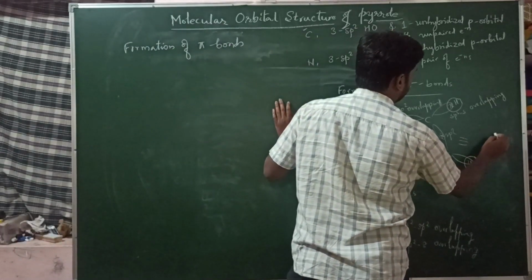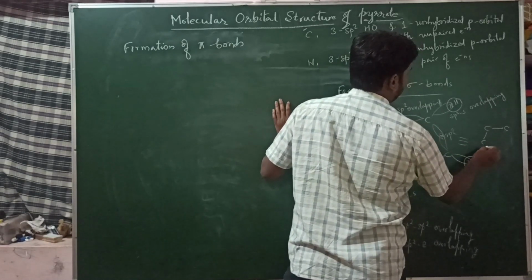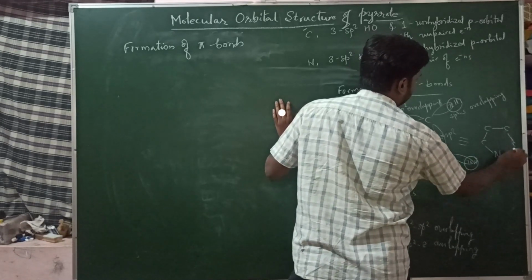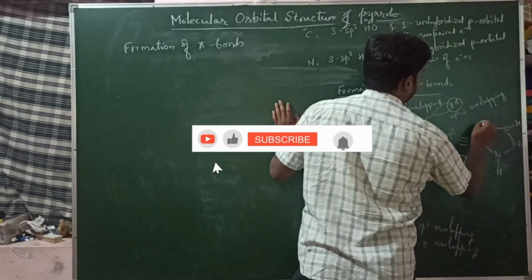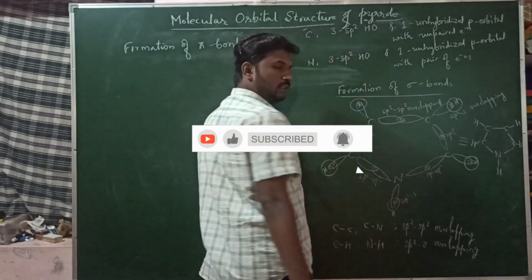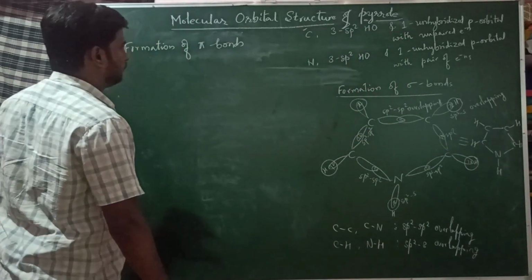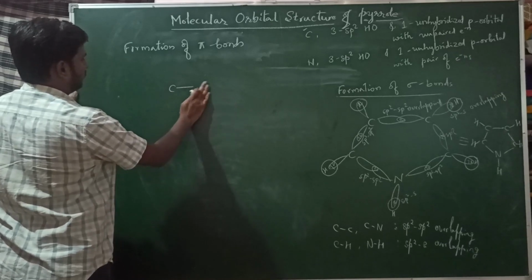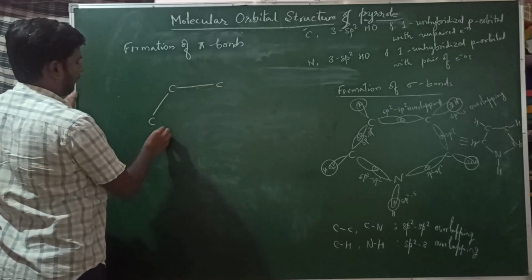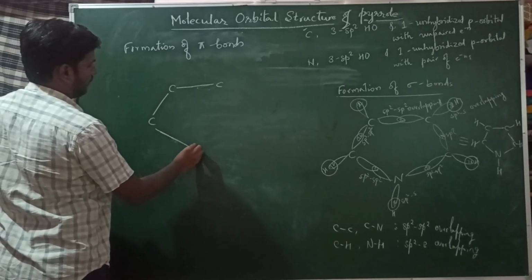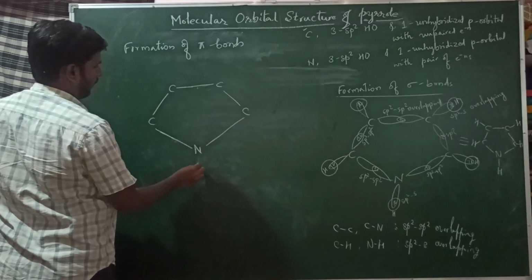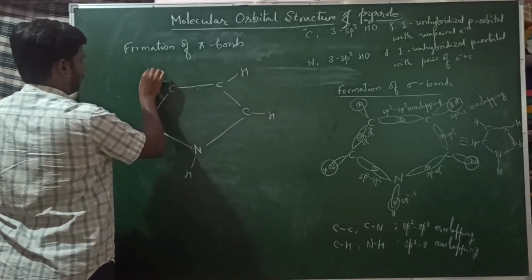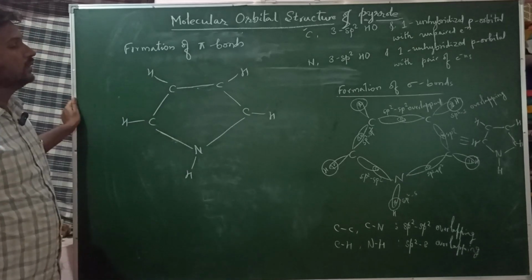This is the equivalent structure: the carbon-carbon sigma bonds, the carbon-nitrogen sigma bonds, and each of them having a sigma bond with hydrogens. This is the structure we get after forming the sigma bonds.